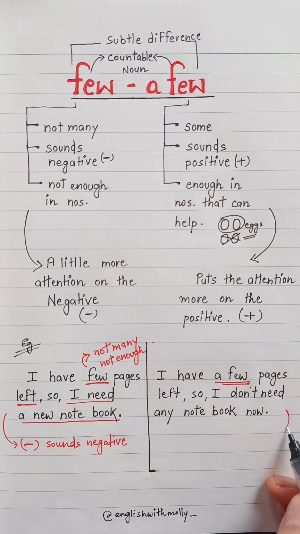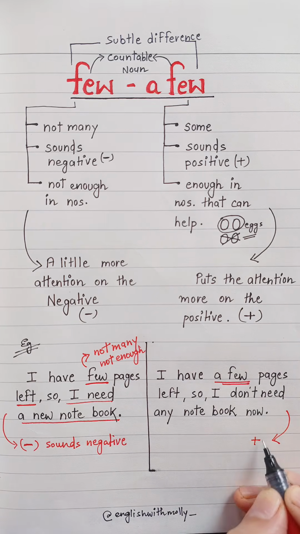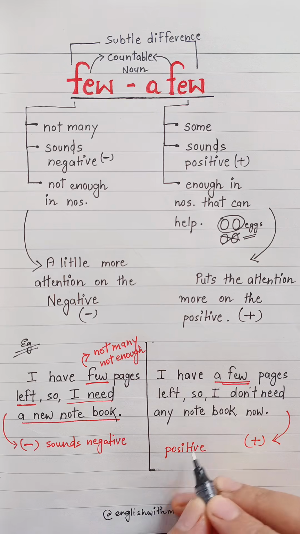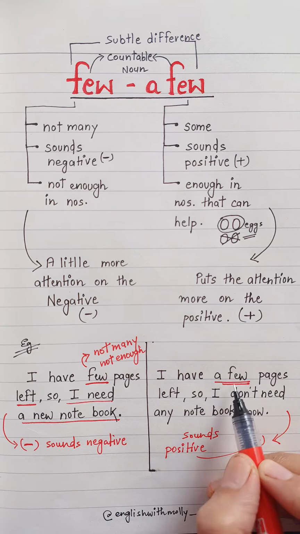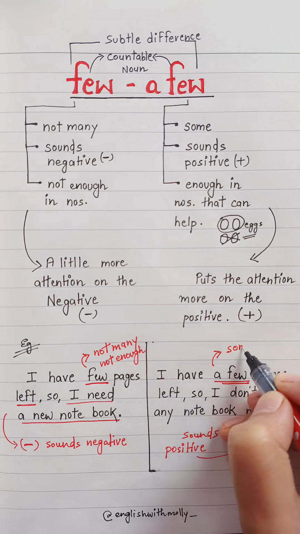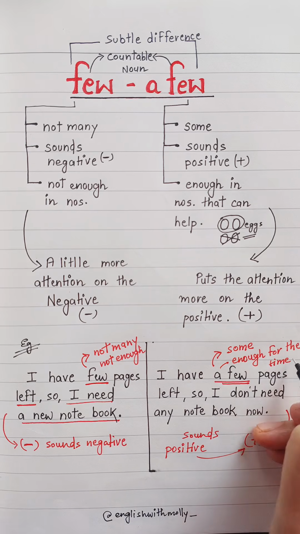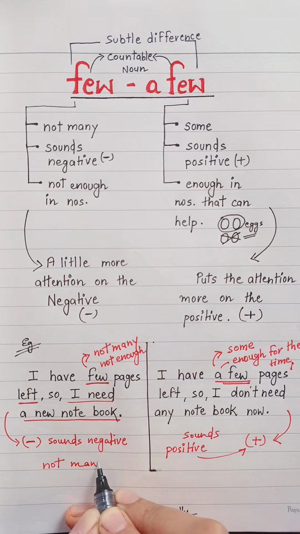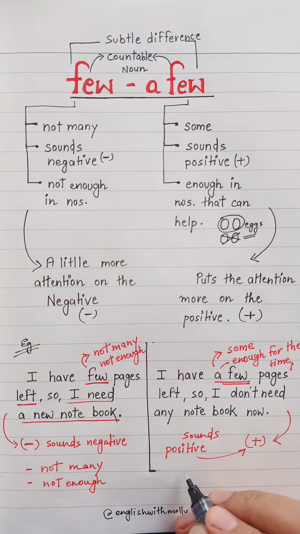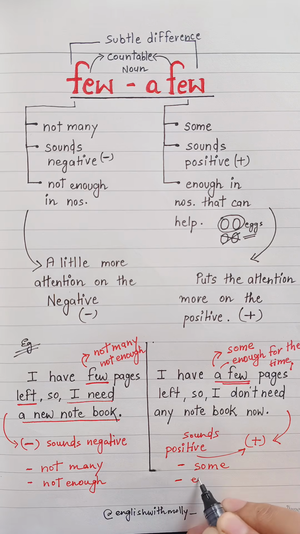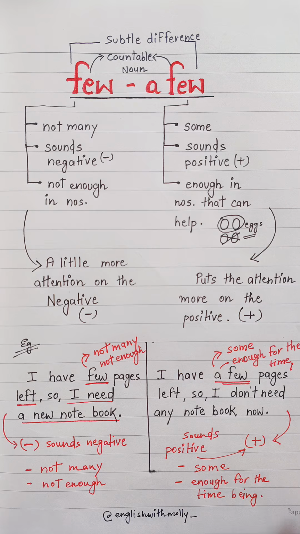Now, here the sentence, which has a few, sounds positive, in the sense that the work will be completed and the person's notebook has enough pages left for the time being. Let me conclude once again. Few, not many, not enough, sounds negative. A few sounds positive. Some in numbers and enough for the time being.